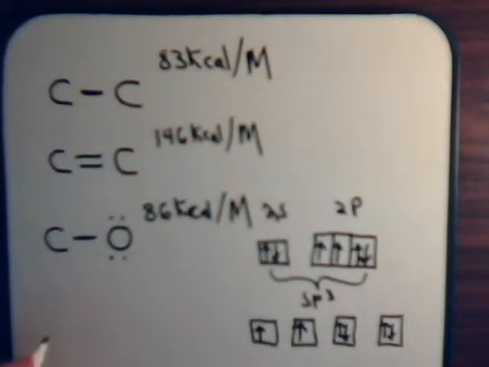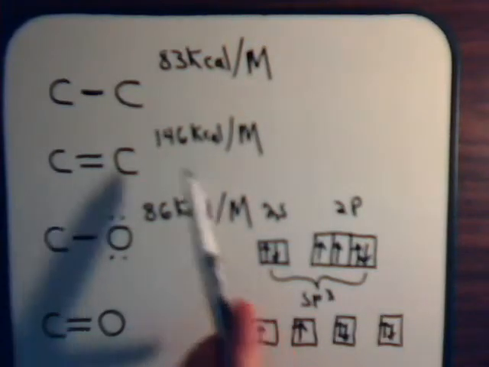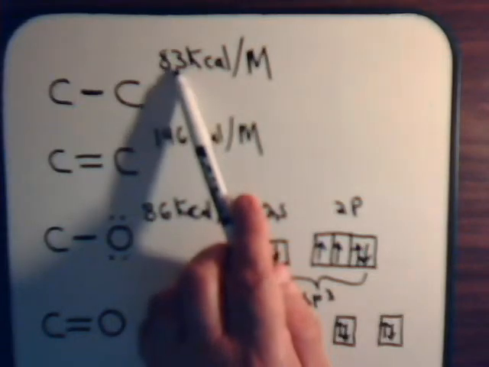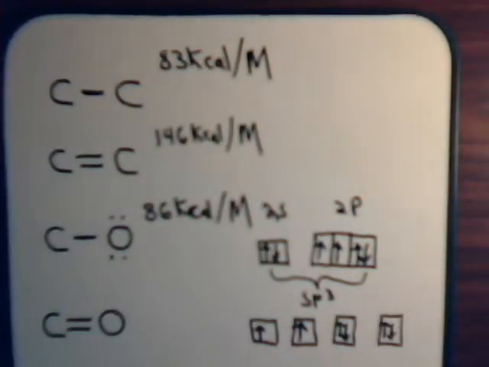Now, let's say we have a carbonyl group where there's a double bond. Notice here then, now we're going to have a sigma bond and a pi bond, just as we had here between the 2 carbon atoms. Here, when we did that, the total bond strength was less than twice the strength of the sigma bond.